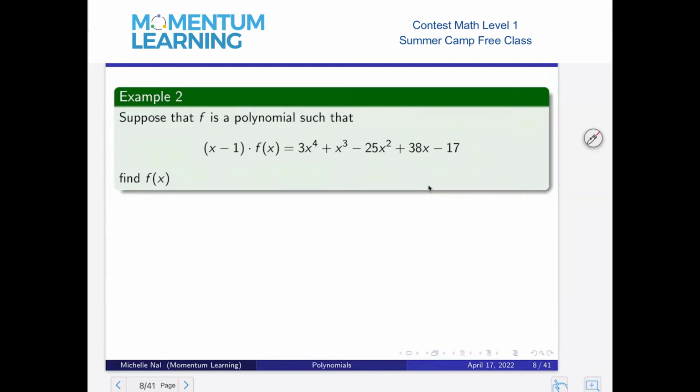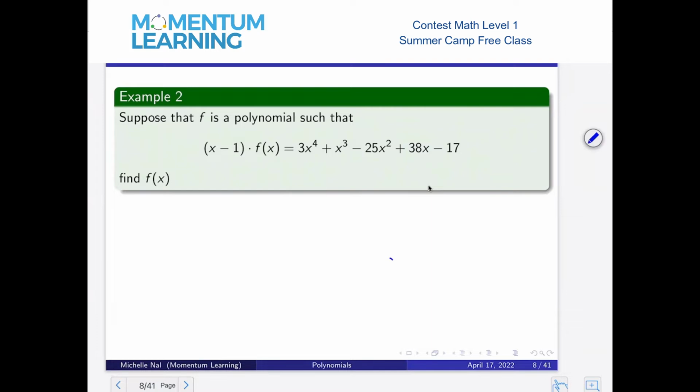I tell them that normally, if I tell you that, for instance, 2 times x equals 11, then to find x, remember we divide both sides by 2, right? Then we get that x is 11 over 2. Similarly, here you can say, well, I want f of x, so I need to get rid of x minus 1. Maybe we can divide both sides by x minus 1, right?